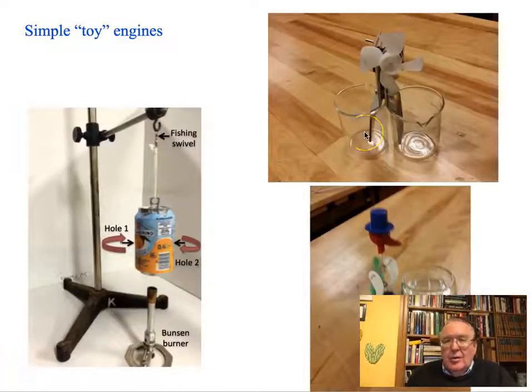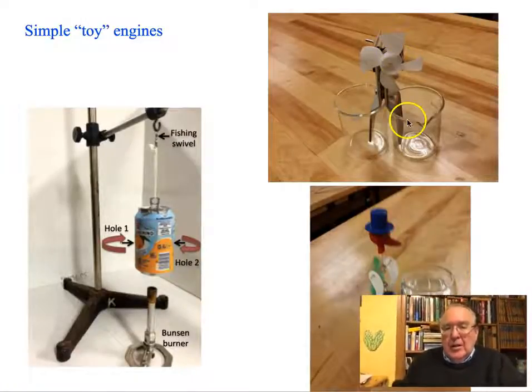You put hot water in one beaker and cold water in the other beaker, and it generates a voltage, just like a battery. The voltage runs a motor. The motor turns a fan. Okay? You're turning heat into electric energy directly. That's called a thermoelectric engine.